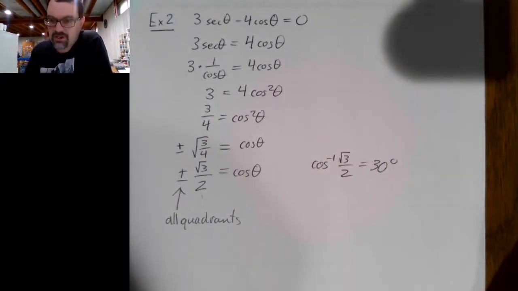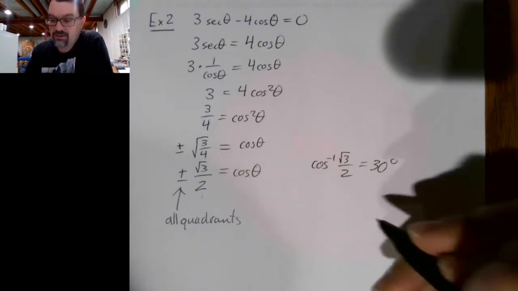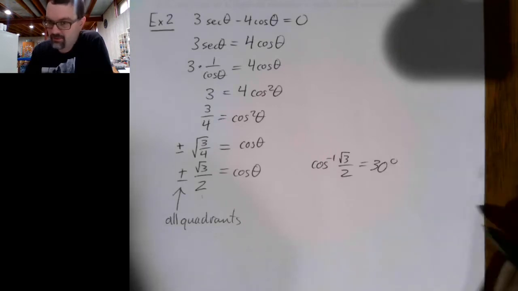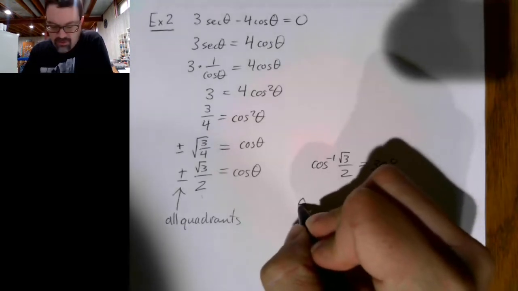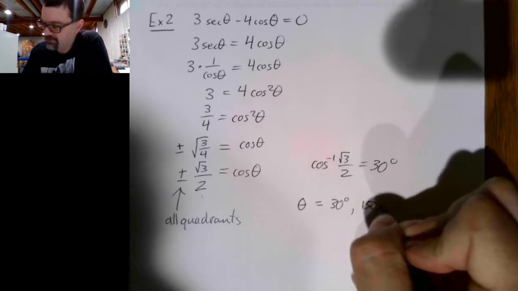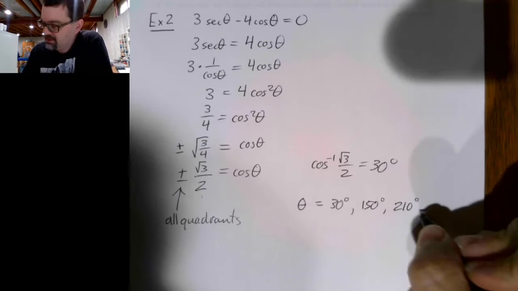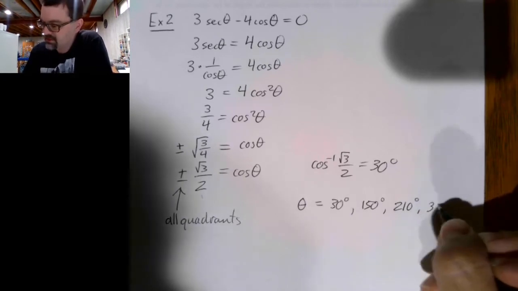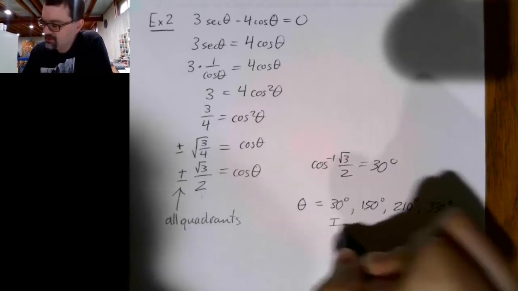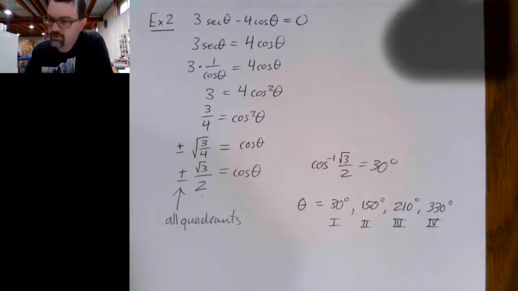And so the solutions are angles from all 4 quadrants with that reference angle. So theta ends up being 30 in quadrant 1, 150 (180 minus 30), 180 plus 30, and 360 minus 30. So here's your 1, 2, 3, 4 solutions from the 4 quadrants.